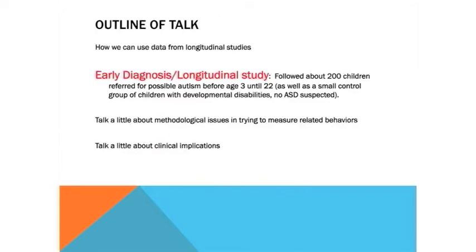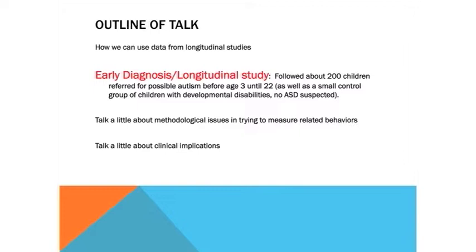So what I'm going to do today is focus particularly on one longitudinal study that we've been doing now for 20 years. We followed about 200 children. We started with about 200 consecutive referrals for possible autism, most of whom we did think had autism.